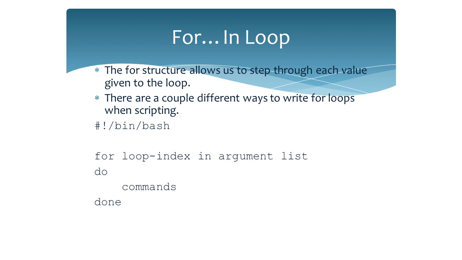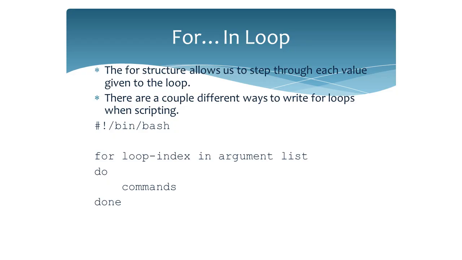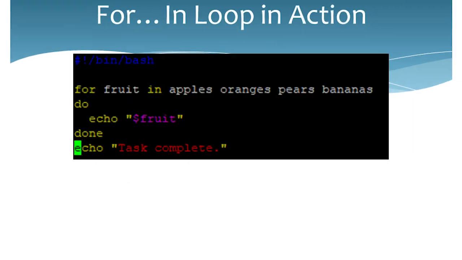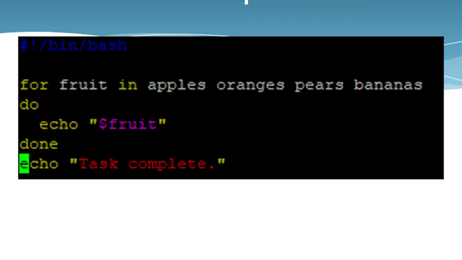The loop index will actually be a variable. The argument list will be a set of arguments, or perhaps even a counting of arguments that will be read. In this example, for fruit, and fruit is our variable, in, followed by arguments apples, oranges, pears, bananas, do echo $fruit, because that's a variable, done.